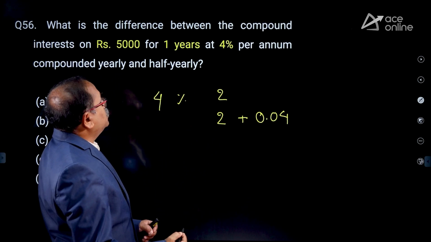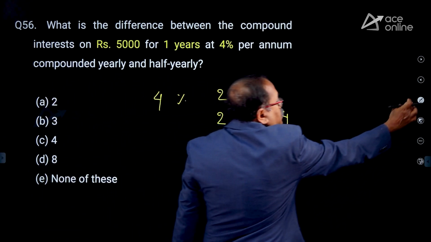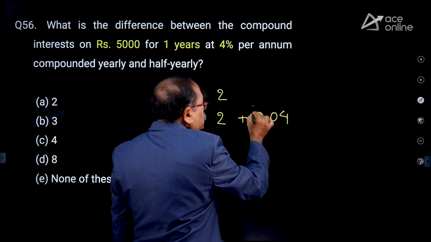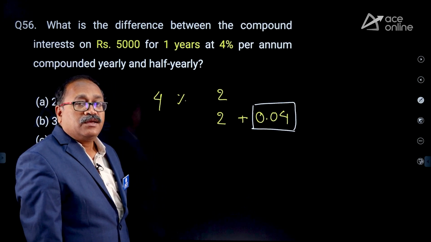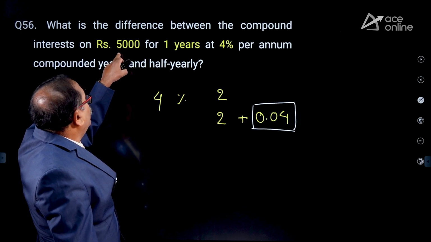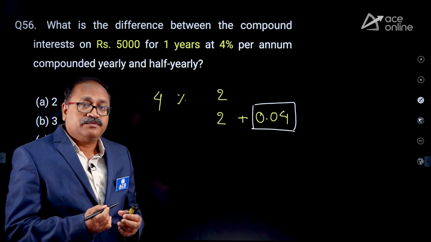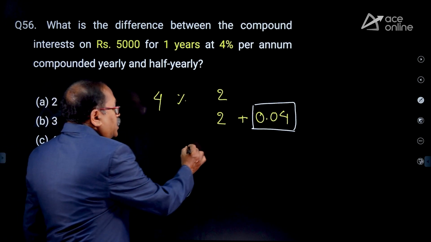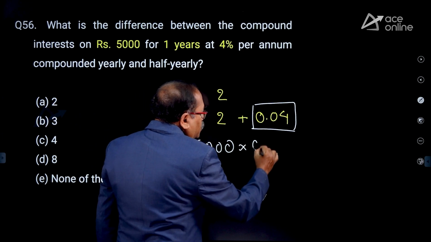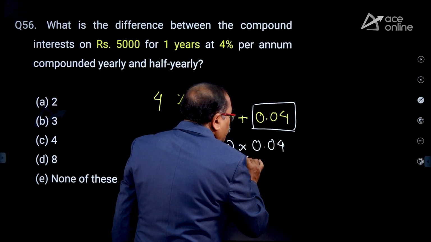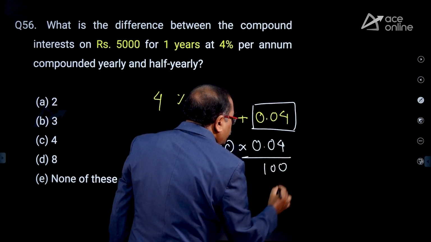So, how much is the difference? Obviously, the only difference is this part, 0.04% extra in the second case, and on what? On 5,000. So, let's find it out. That is 5,000 into 0.04 by 100, as I need to find the percentage.